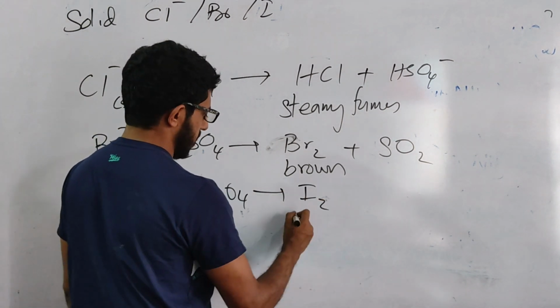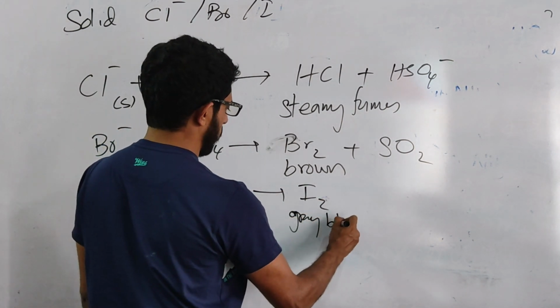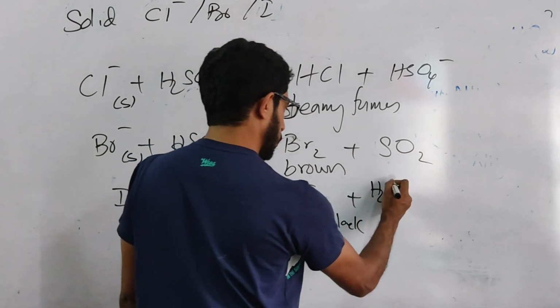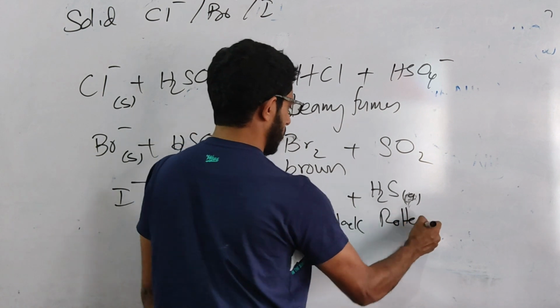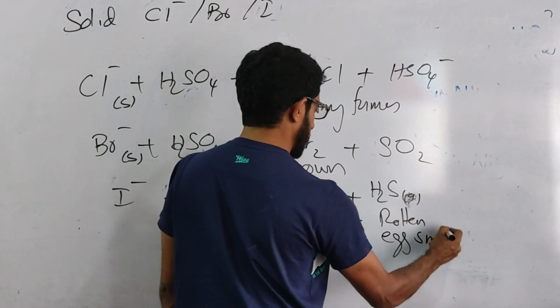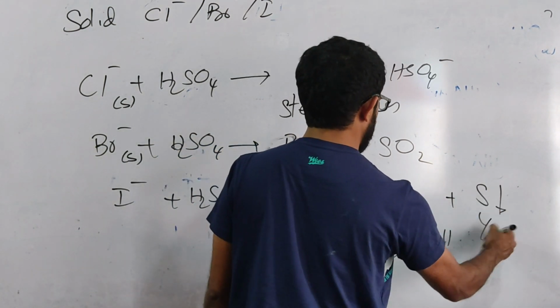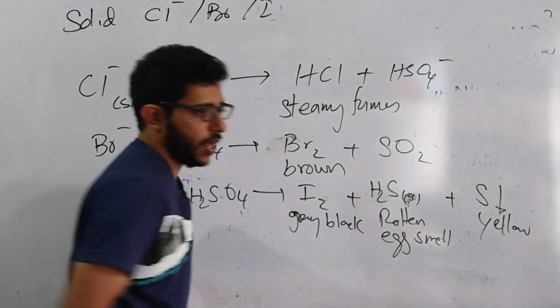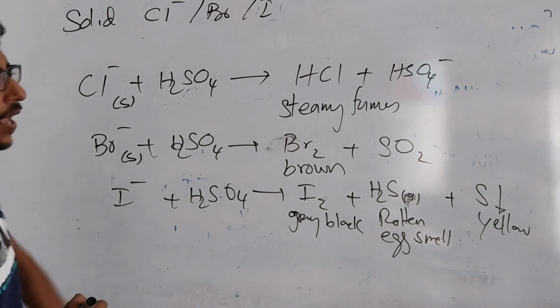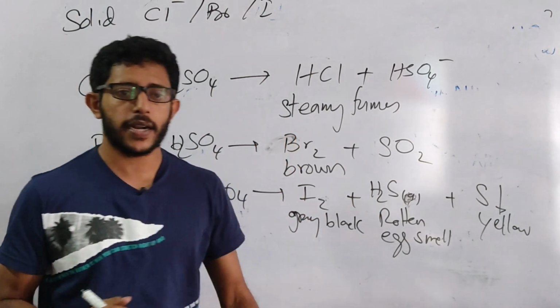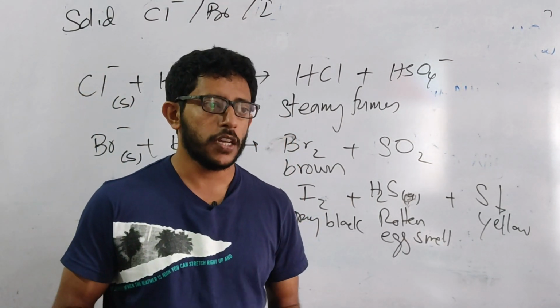You get iodine, that is a grey-black solid because normally you get it in the solid state. H2S gas, which has a rotten egg smell. And we get sulfur precipitate, and sulfur is a yellow color. So those are the three common observations when you test solid halides with concentrated sulfuric acid, right?